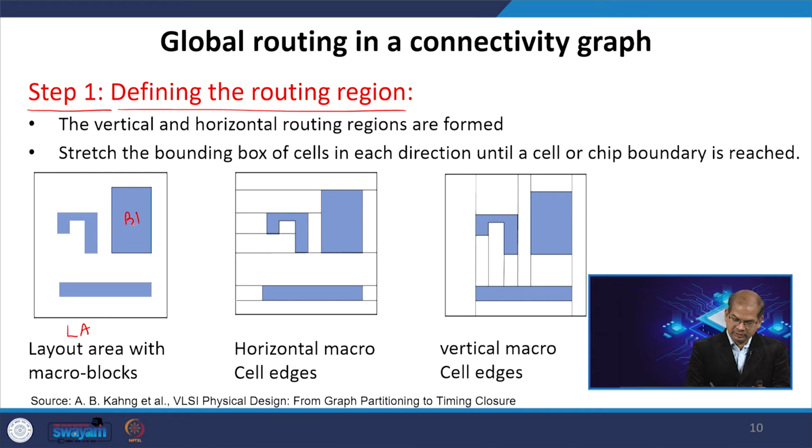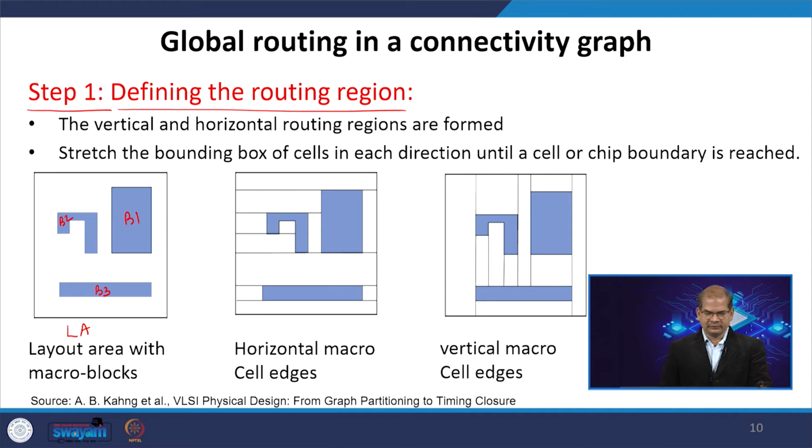This is block 1, this is block 2, this is block 3. These blocks are the places where we cannot do any kind of routing. These are the places where our actual design is sitting. We need to connect those nets to complete the design.